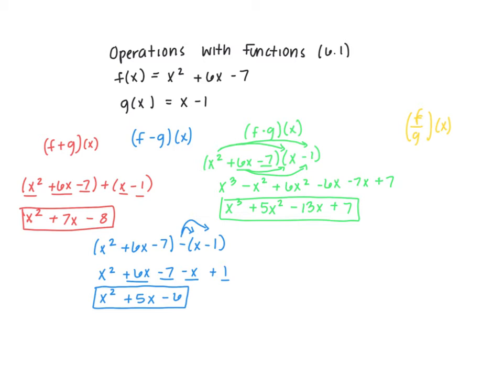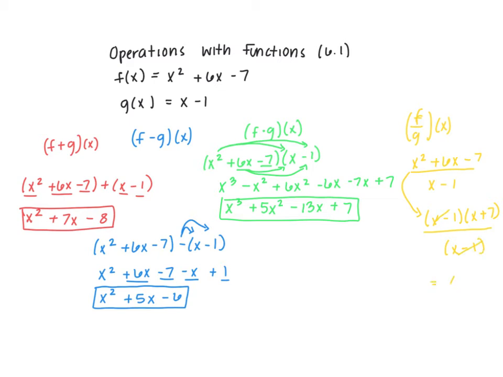Now, finally, for division, we want to set that up with our first function on the top and our second function on the bottom in the denominator. In this case, we can actually factor the top into x minus 1 and x plus 7, which allows us to cancel out our numerator.